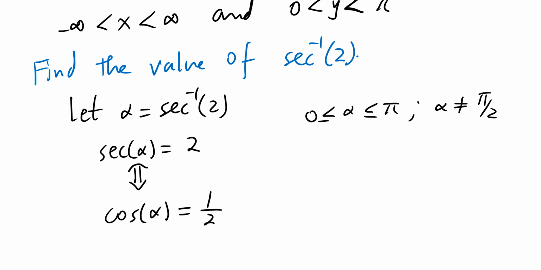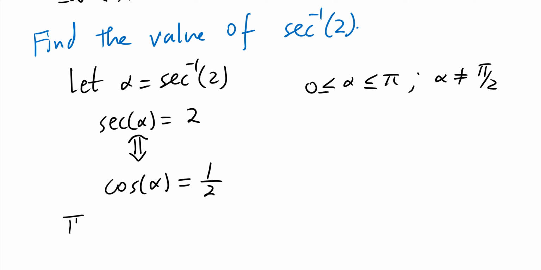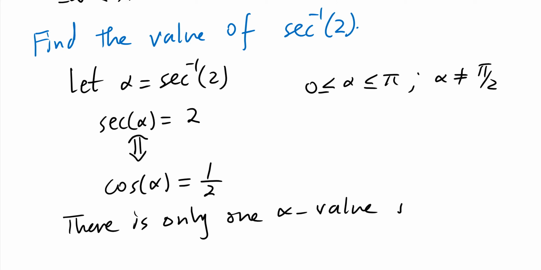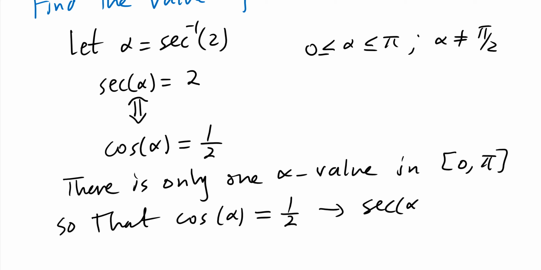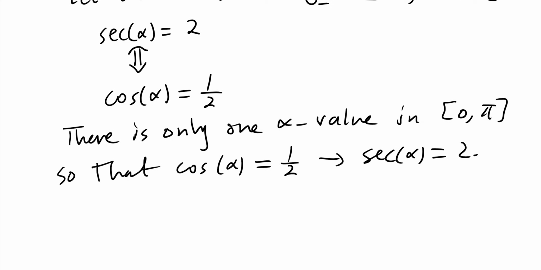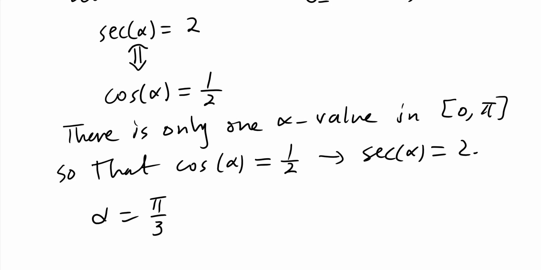From 0 to pi, excluding pi over 2, where cosine is 1/2, there is only one alpha value, so that its cosine alpha is 1/2, or in other words, its secant alpha is 2. And this alpha here is 60 degrees, or pi over 3 radians. That's the answer.